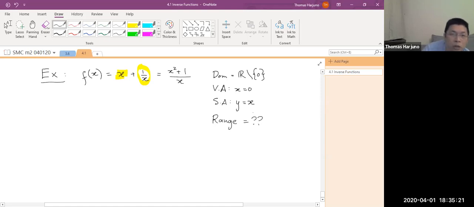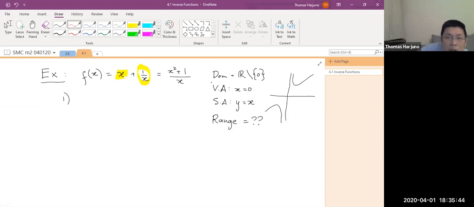Okay, now let's work it out. To find the range, let me find the inverse. I know this is not a one-to-one function. In fact, if I try to sketch that, I think it looks like this. And this is the slant asymptote.